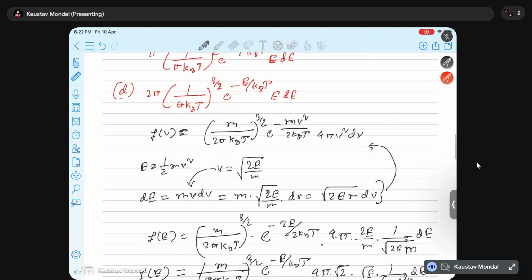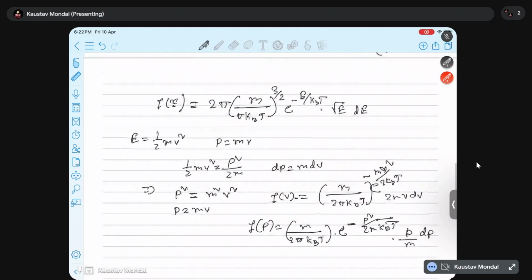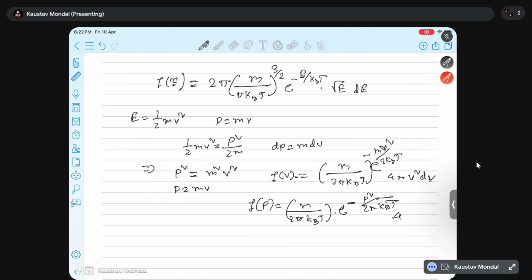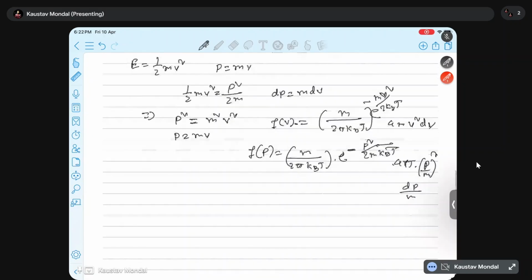There is also another term since it's 3D. So it's 4 pi v square dv. In that case, 4 pi v square will become 4 pi p by m whole square, and dv will become dp by m. Now that's simple.